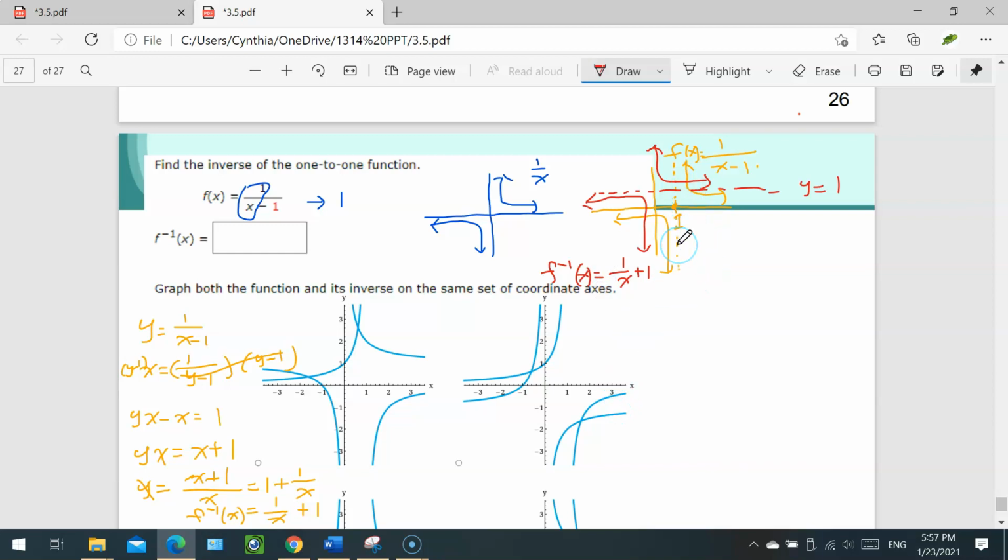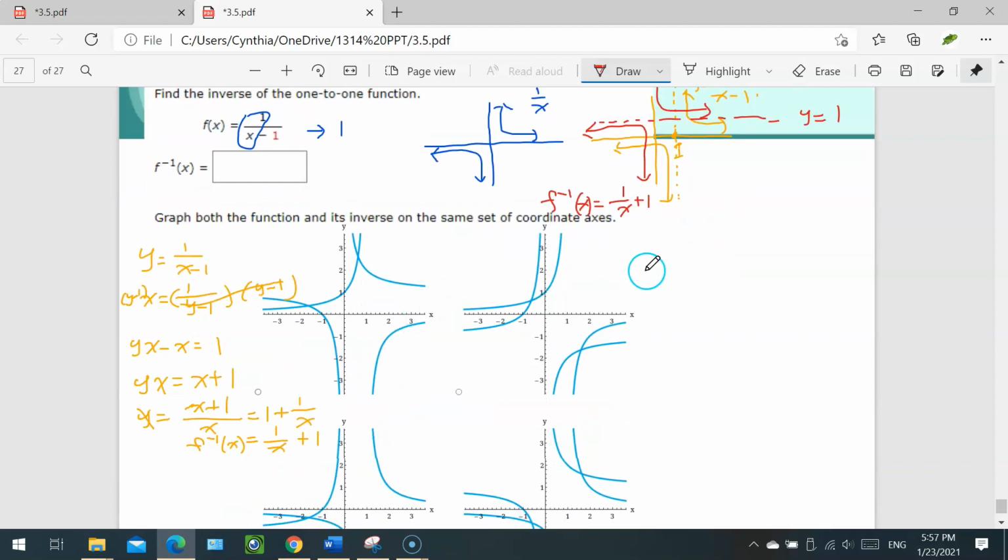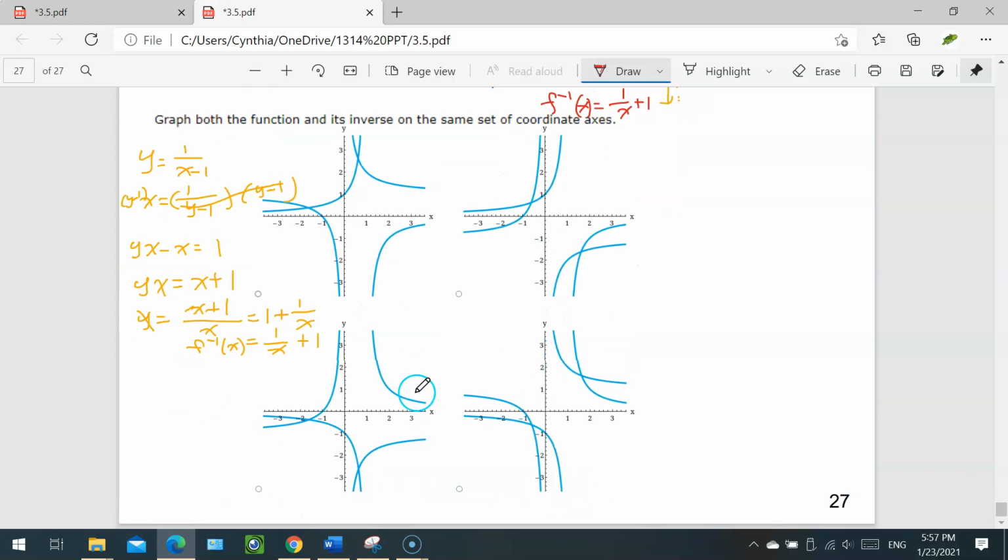If you have a graphing calculator, you can type in both of the functions and see the sketch of the graph. Or if you don't have it, you can do it by hand. So just recognize which function goes with which. If I look at the options here, the function itself is shifted 1 unit to the right, so it has a vertical asymptote at x equal 1.